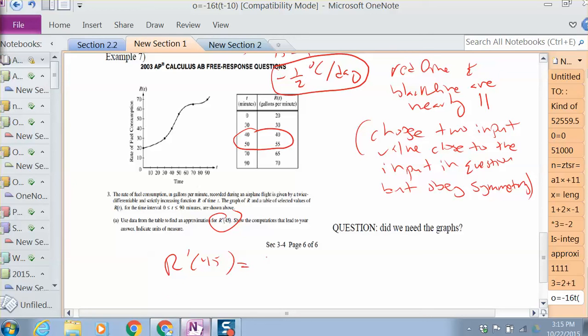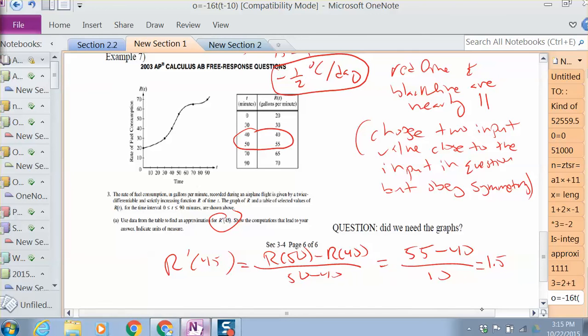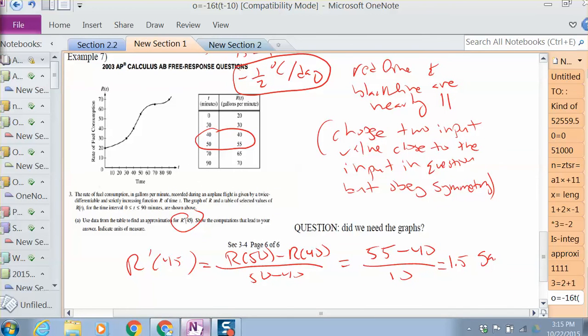So it's going to be R(50) minus R(40) over 50 minus 40. So it's 55 minus 40 over 10. We got 1.5 gallons per minute squared, because you're doing gallons per minute, those are going to be the proper units.